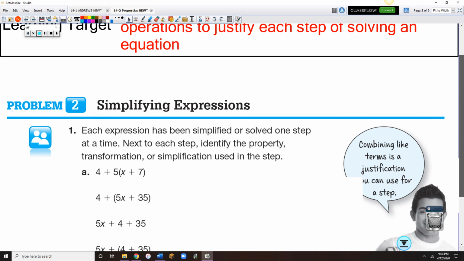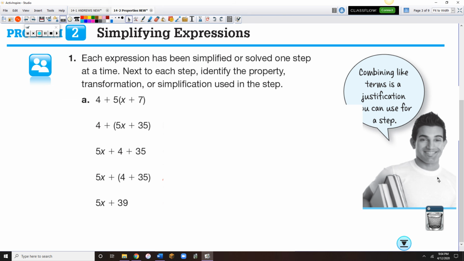So here's some examples of the properties in action. Basically we're going to start with an original problem. Starting here at the top, 4 plus 5 parentheses x plus 7. And we see all the ways that this expression has changed from one step to the next. If I gave you this problem to simplify, you would definitely not write it in this many steps.